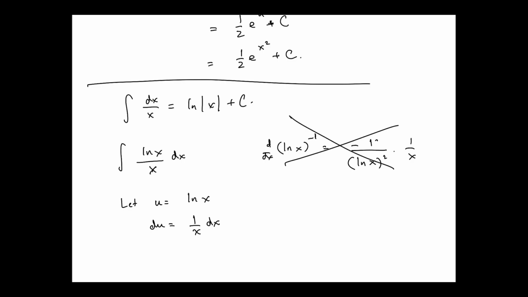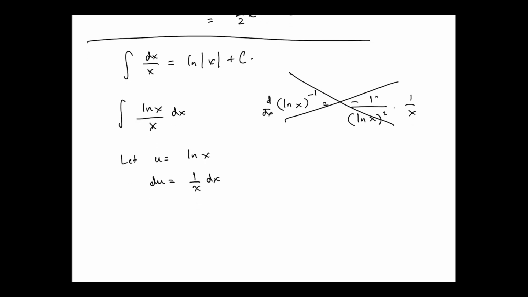Okay. And can I solve that equation for dx in terms of du? Sure. What do I get? x times du. Okay, good. So now let's start plugging everything in, doing the substitution. So what do I have?